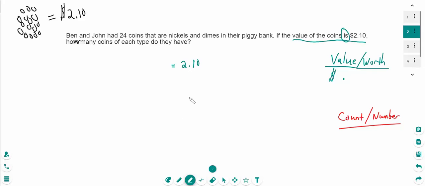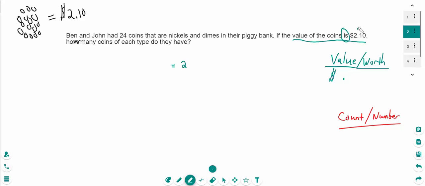Now, I'm going to do one thing here. They do this in your book too, and I think it just makes sense. We don't necessarily like working with decimals in equations. If you love working with decimals, then you don't have to do this step. But if you're like most of us and you don't really care to work with decimals in your equations, instead of thinking of this as $2.10, we're going to make this just into cents.